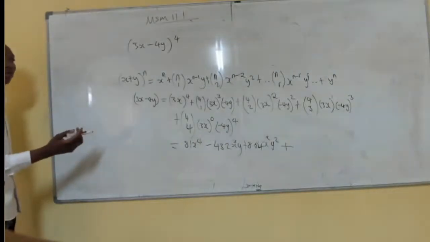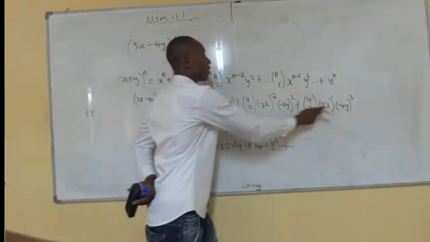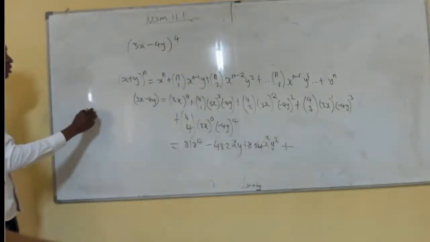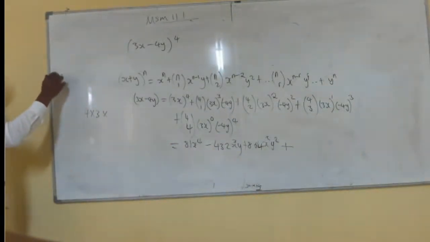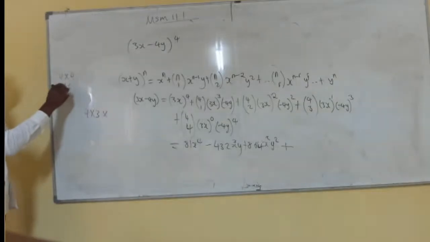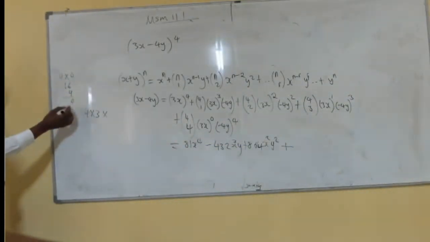Then from there we're going to say 4 times 3, multiplied by 4 to the power 3. Now 4 times 4 is 16, multiplied by 4 is 64.